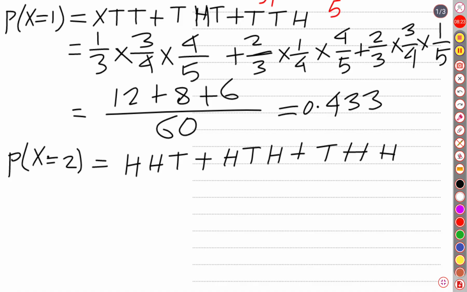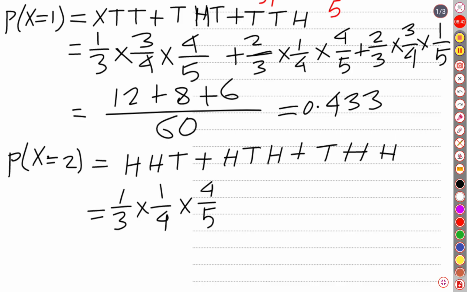So let us write, if the first one is head, probability is 1/3, probability of second head is 1/4, and probability of third tail is 4/5.